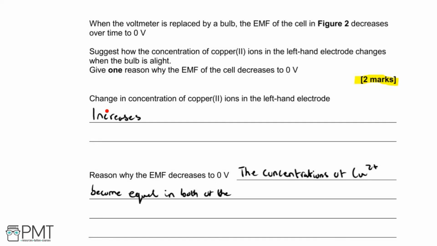And this means that the EMF is going to become 0 as there's no longer a difference between the half cells. So there is no reason for the electricity to flow anymore. So as the copper-2 ions slowly diffuse and form sort of an equilibrium between the concentrations in the two different electrodes, the concentration in the left-hand electrode is going to increase, and the EMF is eventually going to become 0 as those concentrations are going to become equal. So each of these statements is worth the 1 mark, and together they make up the 2 marks for this question.